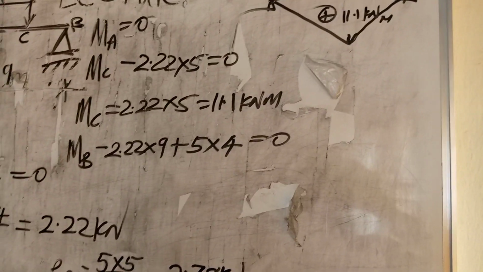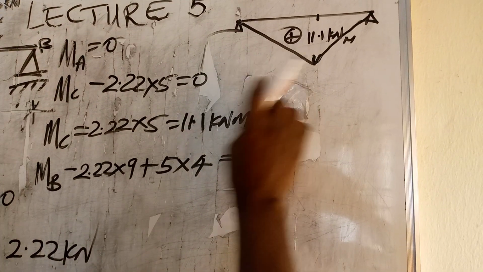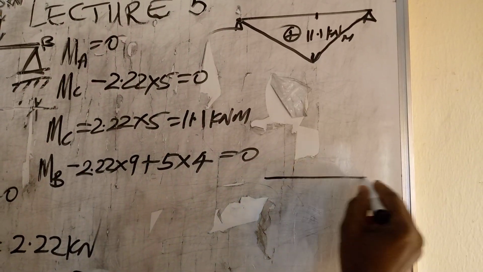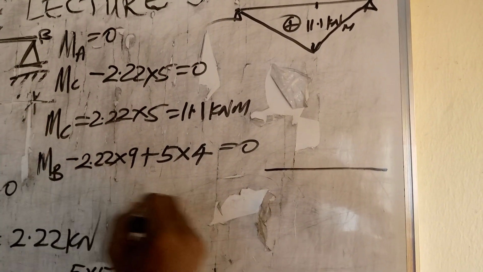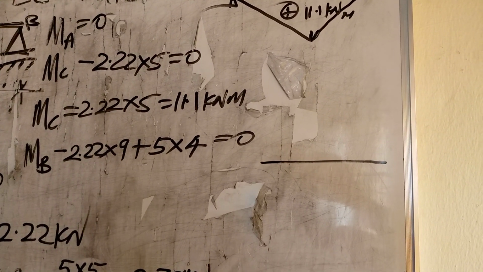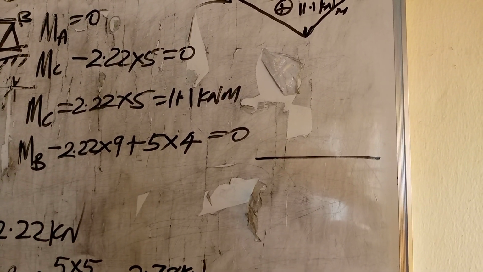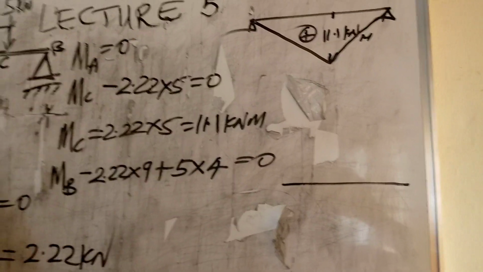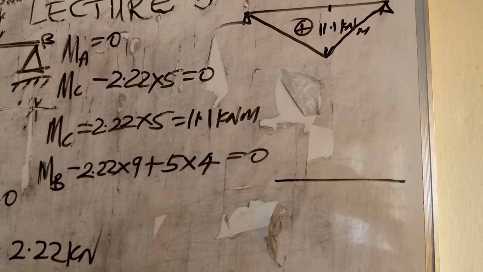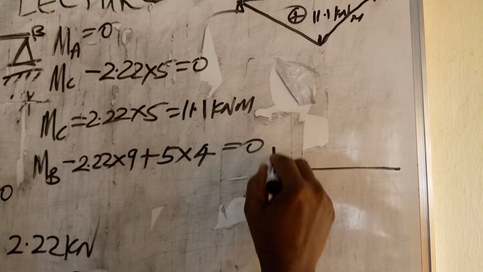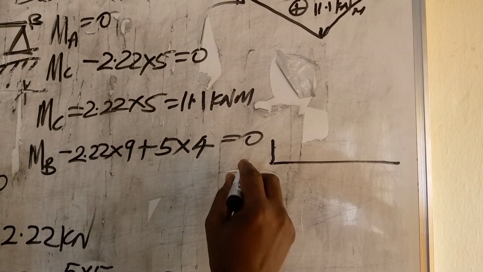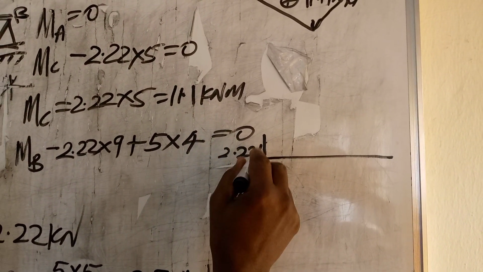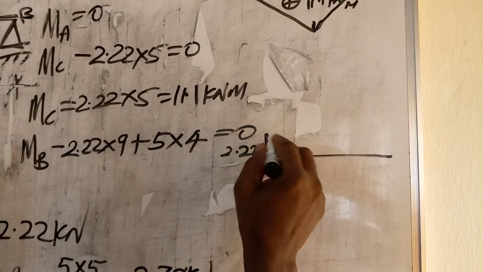Then I have to get the shear force diagram. This is the structure as well. Shear force at A will be reaction A, because that's the only force, the algebraic summation of forces at that point. If I take it as positive, I have 2.22 kilonewton. That is the shear force here.